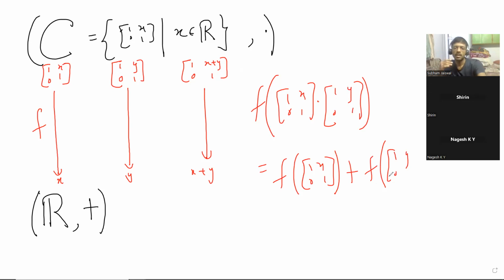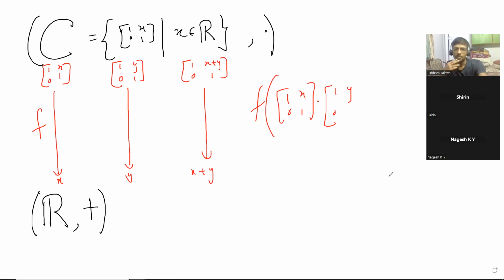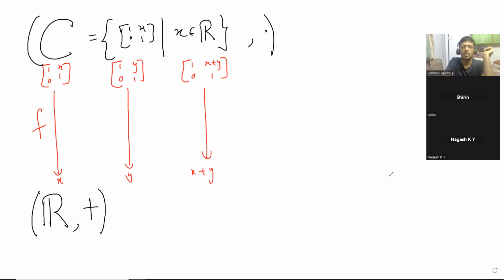Right. Let us now try to use this quickly. You now tell me that, in C, though I have not formally defined, does every element have an inverse? Multiplicative inverse.